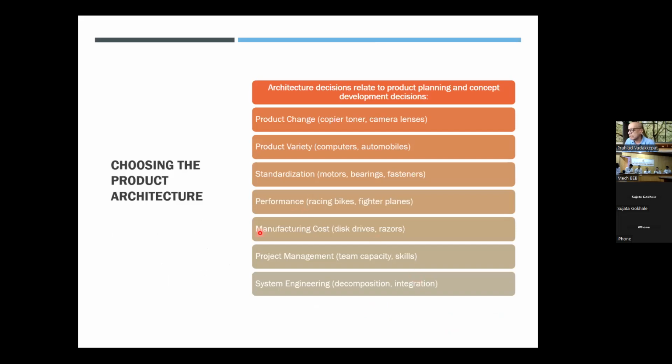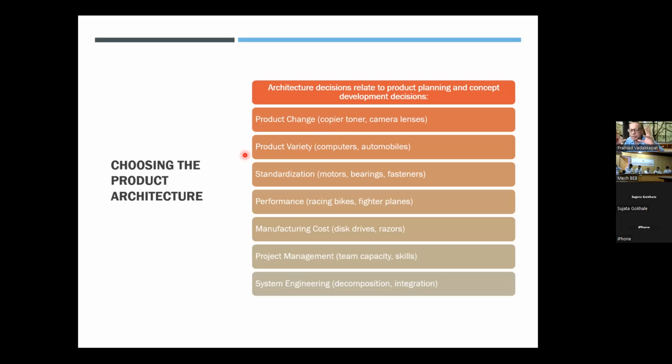Everything has its own advantage. So what do you choose? What decision to make? If you want the product to change, like a copier where the toner has to be changed, then it has to be modular. Camera lenses you have to change now and then, so modular. If you want a variety of things, like computers, then you can have modular aspects.